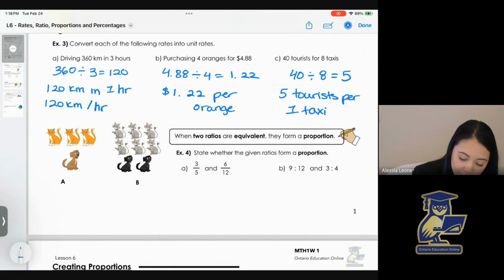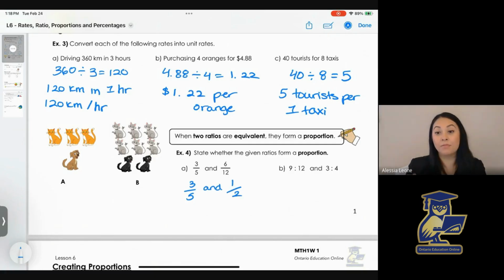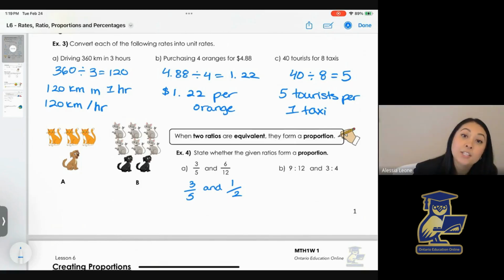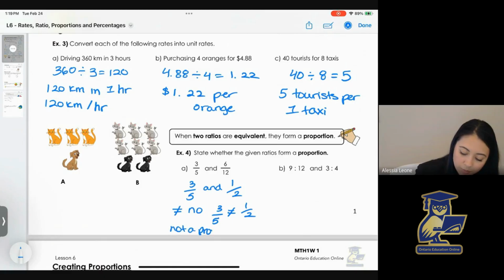Let's simplify first. We have 3/5 and 1/2, because we can simplify that 6/12 to 1/2. Are those equal? The answer is no. It is not equal. 3/5 does not equal 1/2. Not a proportion.